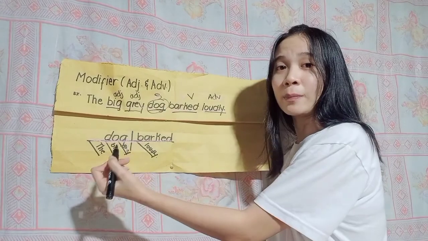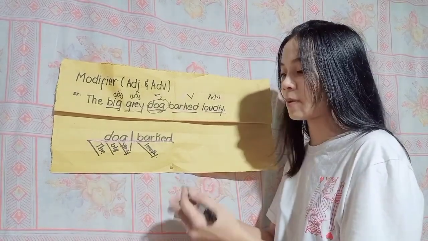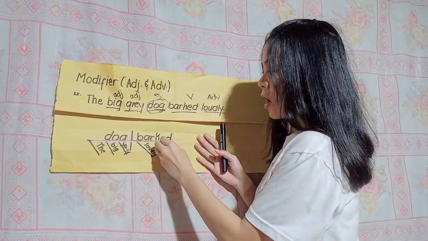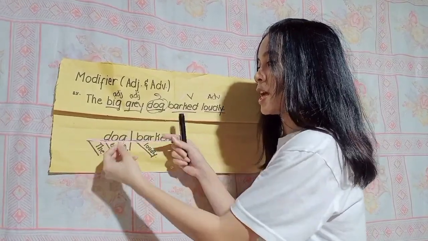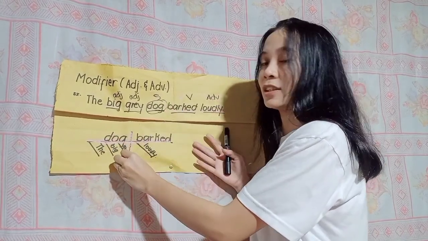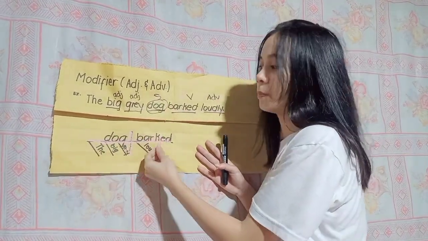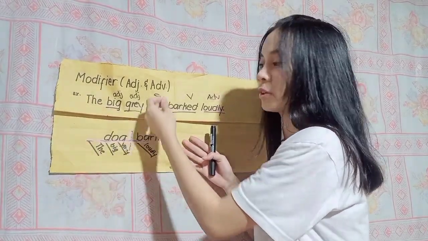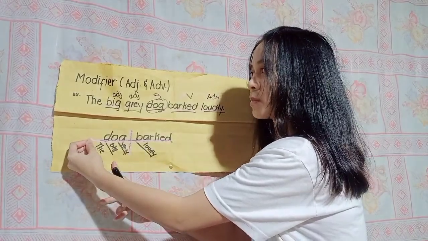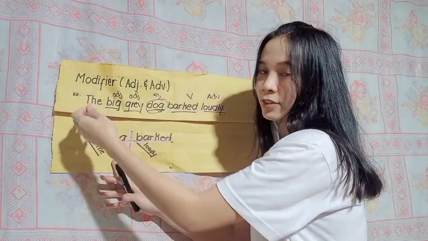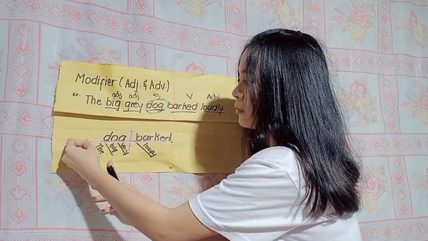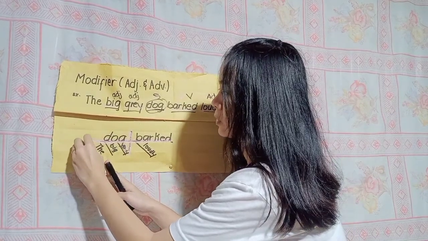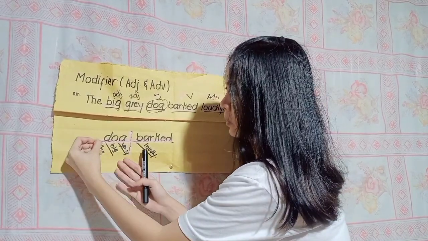So in diagramming a sentence with modifiers, first we're going to draw a horizontal line and a vertical line that divides the subject and the verb. So here the big gray modifies the dog. In writing the modifier, first you draw a diagonal line and write this.